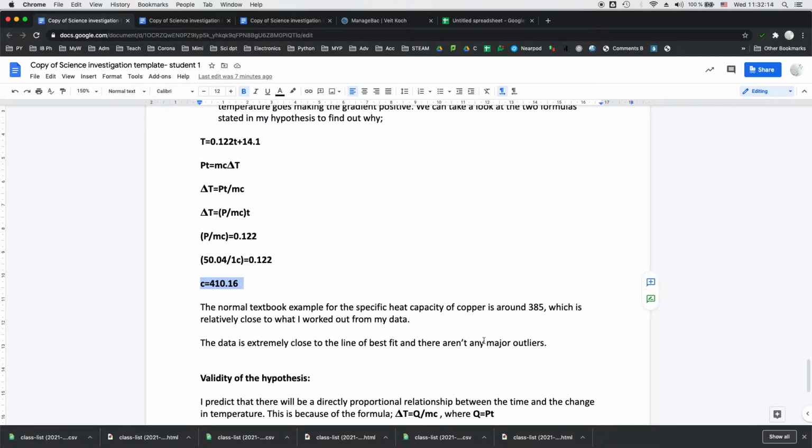And this is quite close to the 385 that the textbook would state. Quite a good result. The one thing that you would definitely want is to put the unit in here. This is in joules per kilogram per Kelvin. Make sure that that is actually in there, and that you don't leave it blank.